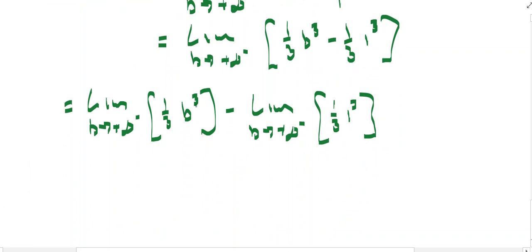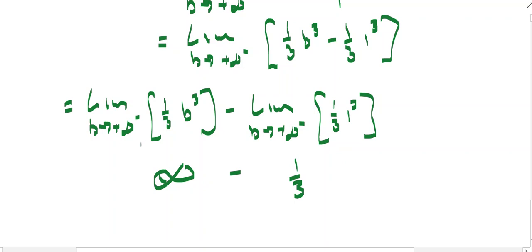In this case, b is approaching infinity. If we think of this as being infinity, infinity raised to the third power is infinity. Infinity times 1/3 is infinity. So this whole limit just becomes infinity. In this case, there is no b, so this is simply the limit of a constant. This is 1 cubed, which is 1 times 1/3, so we have 1/3.